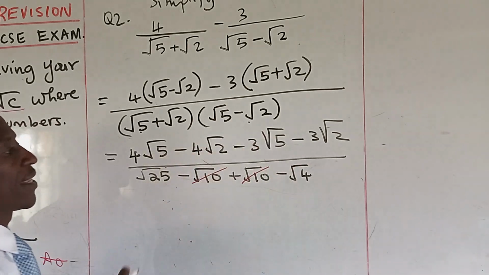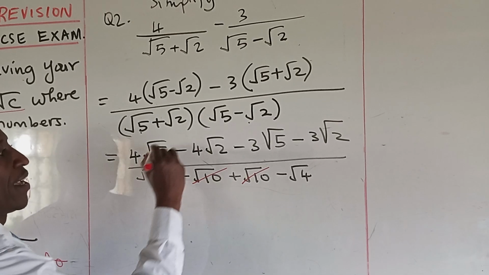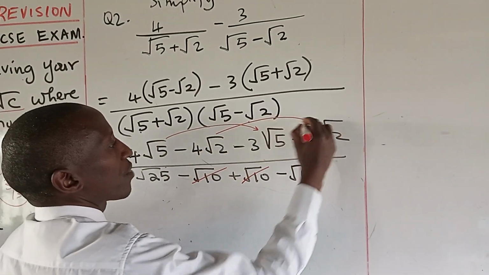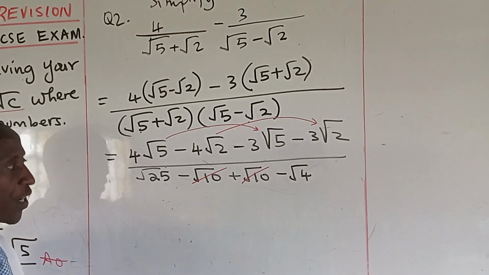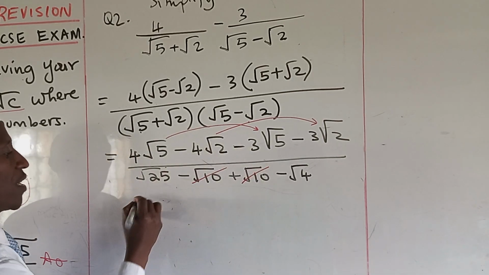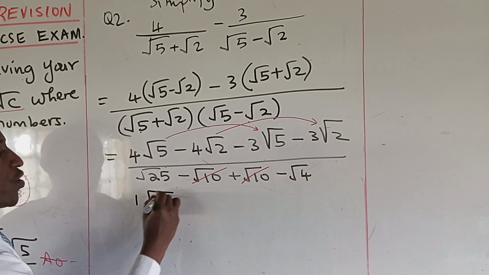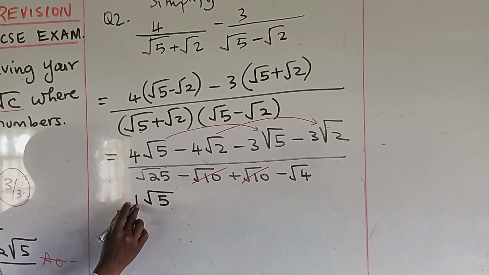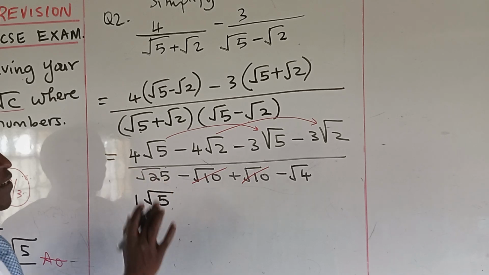And then we work out the like terms in the numerator. This is a like term to this, and this is a like term to that. So putting the two together, what do we get? 4 minus 3 gives us a 1 root 5, which sometimes we don't necessarily write the 1, but we shall write 1 for emphasis.